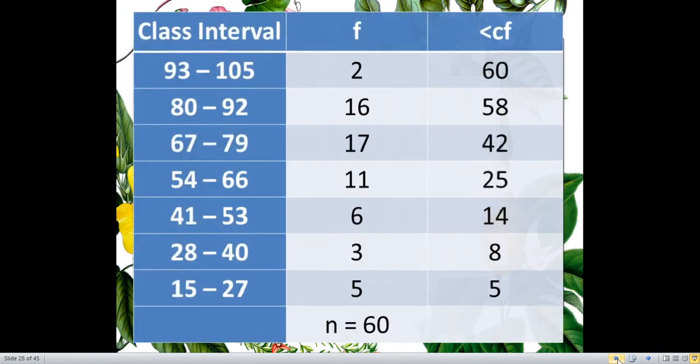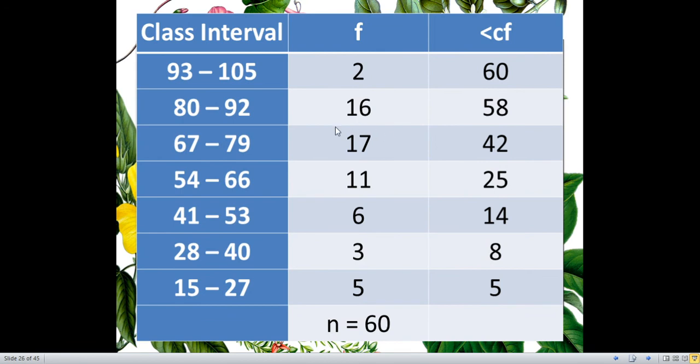Let us go back to our table. This is the frequency of the median class, and since it is less than CF, I will take the 25, not the 42, not the 58, but the one that is below our median class. That's why I get this 25.